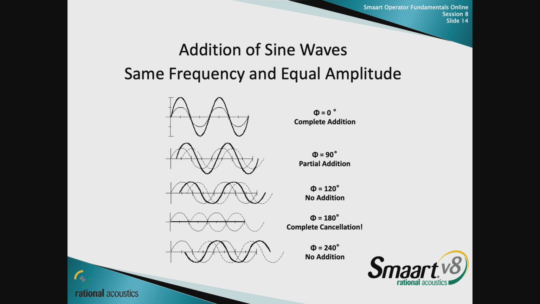Now, as one is arriving later, shifted by 90 degrees, I see that I still get addition when I add those two together. I just don't get complete addition. It's when we get to 120 degrees shifted that we get no addition, no subtraction, so we get the same level out as we had before. When we get past 120 degrees, this is where we get into cancellation, with the worst case being 180 degrees.